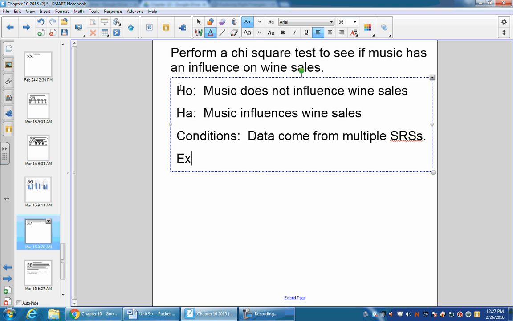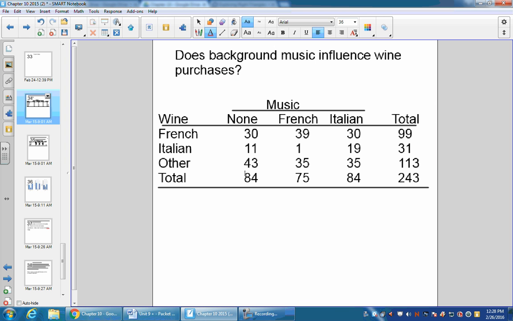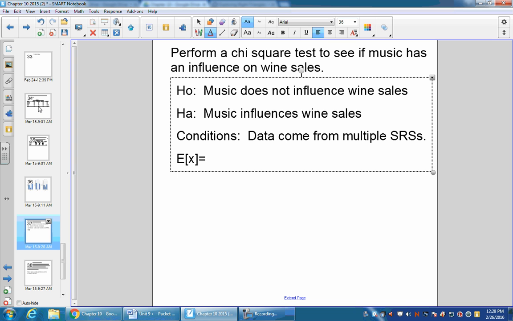Expected counts. So we have to look at our expected counts. Let's look back at our values here. We do 84 times 99 over 243, 75 times 99 over 243, and so on. That would just be the top row. Then for this middle row, 84 times 31 over 243, and so on until we got all the values.